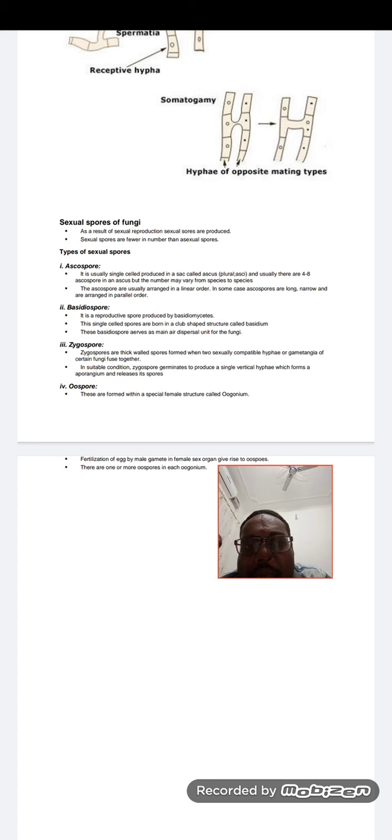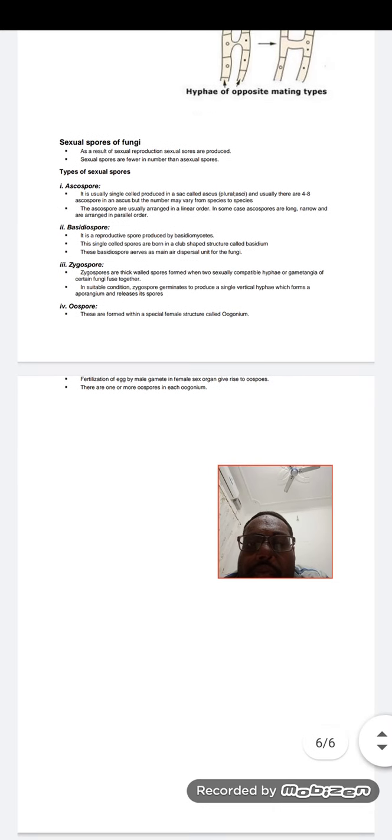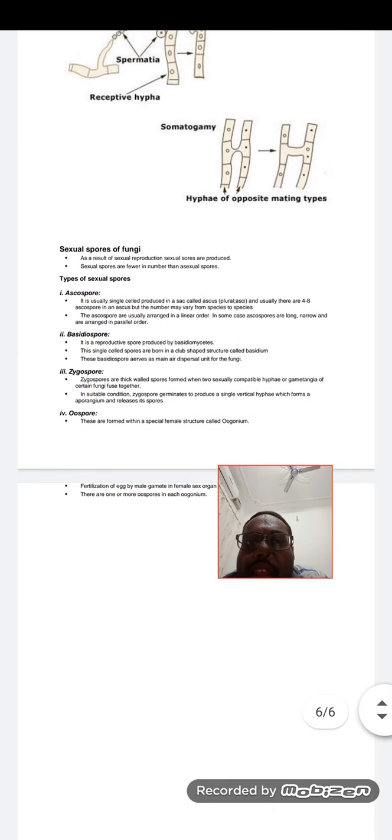The male gamete will move and fuse with the female, and once fused, it will develop into a new fungus. These are the main sexual spores by which fungi reproduce.